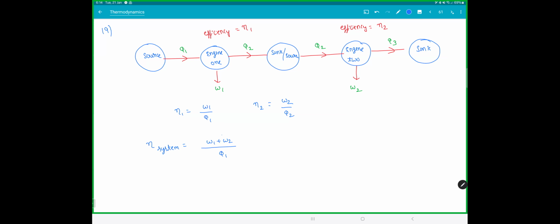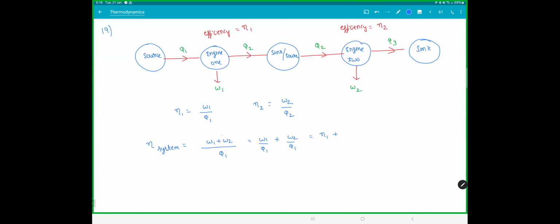Right, Puroja. Ishana, you can simplify that a bit. You will get the answer, I guess. See, so this is W1 by Q1 plus W2 by Q1. So W1 by Q1 is eta 1, and W2, I need to bring Q2 there. Q1 is nothing but W1 plus Q2, but then I'll have a problem there.